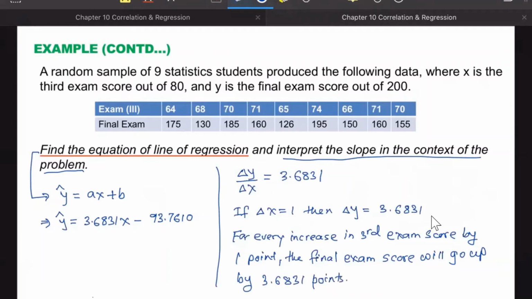That is the interpretation of the slope in the context of the problem.